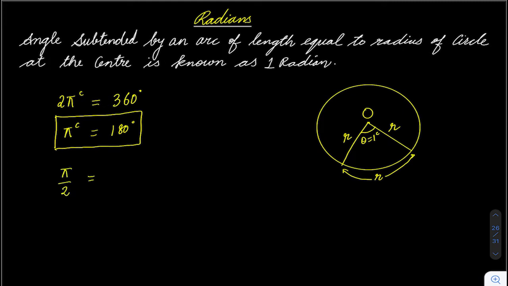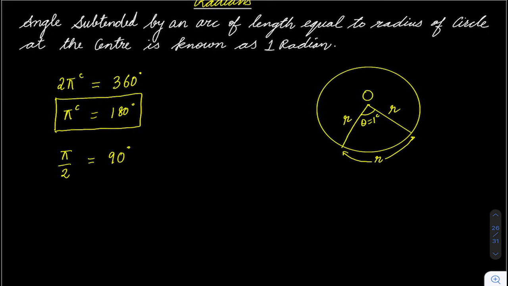So it is automatically understood that when there is no symbol written on an angle, it's radians. That's the default. So pi by 2 radians is equal to 90 degrees, and so on. We can write so many angles like this. So pi radians is 180 degrees.